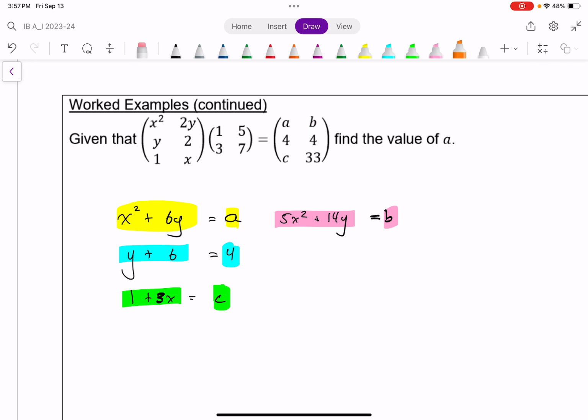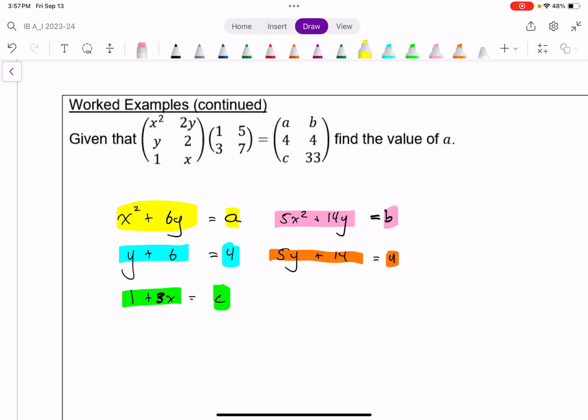And then next, I know if I go y times 5 and 2 times 7, so 5y plus 14, that must equal this 4 right there. And finally, I've run out of colors to use.